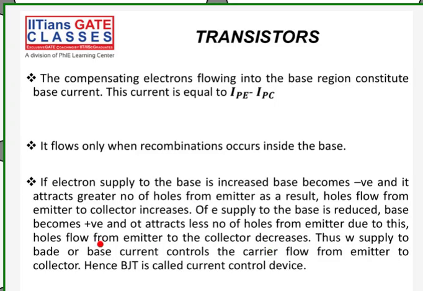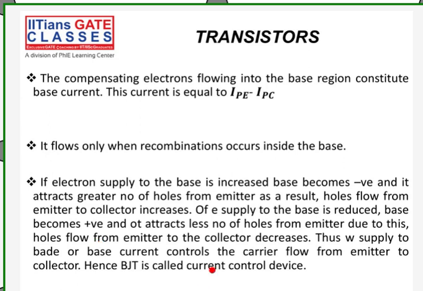Okay, so now I'll move on. That was the concept behind this. Now what is the current in the base region? The compensating electrons flowing into the base region constitute the base current. This current is equal to what? IPE minus IPC, because IPE number of holes started from the emitter region. Some holes are lost in the base region and IPC holes reached the collector region.